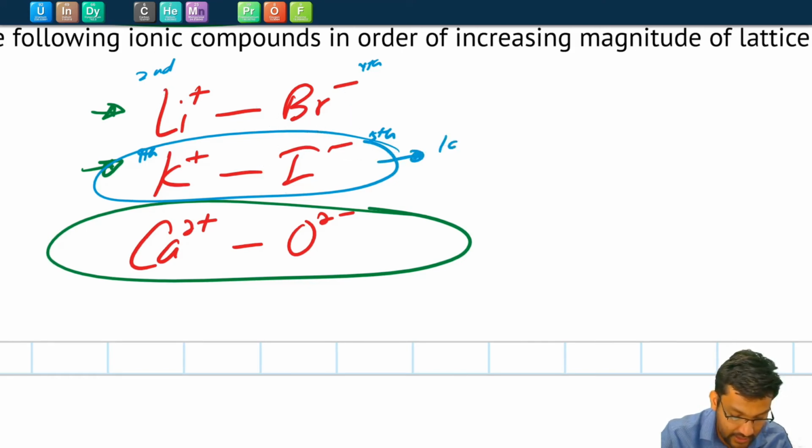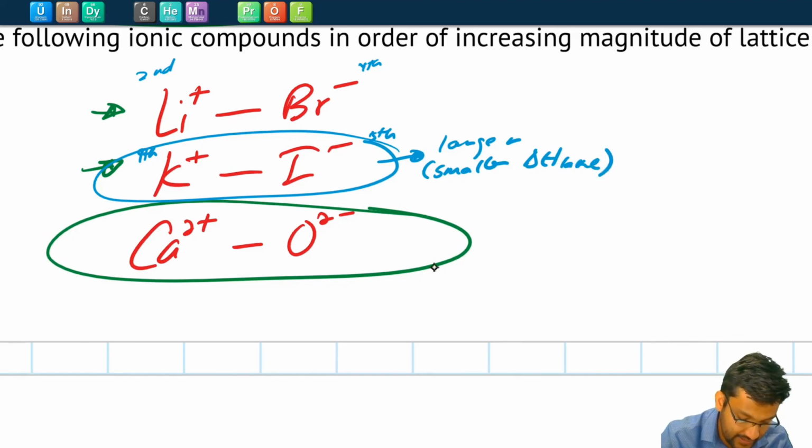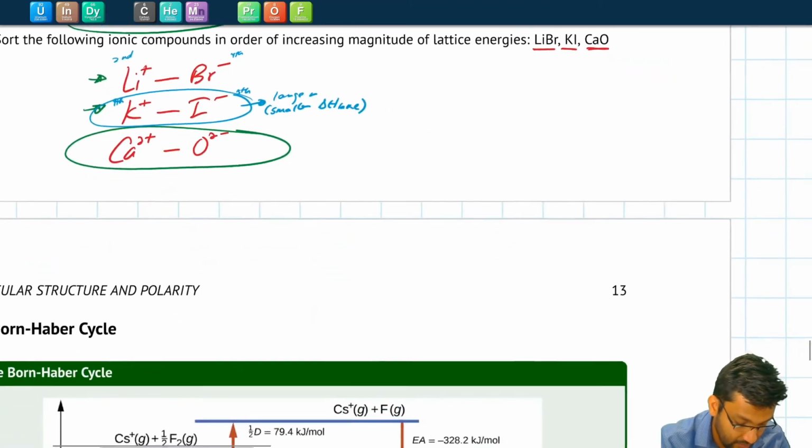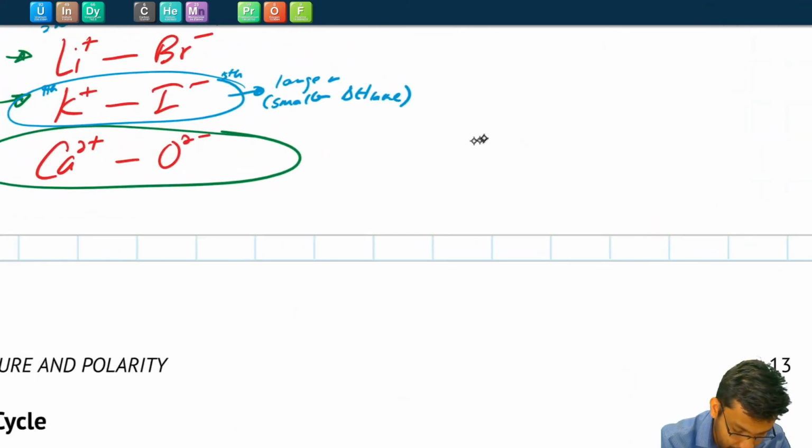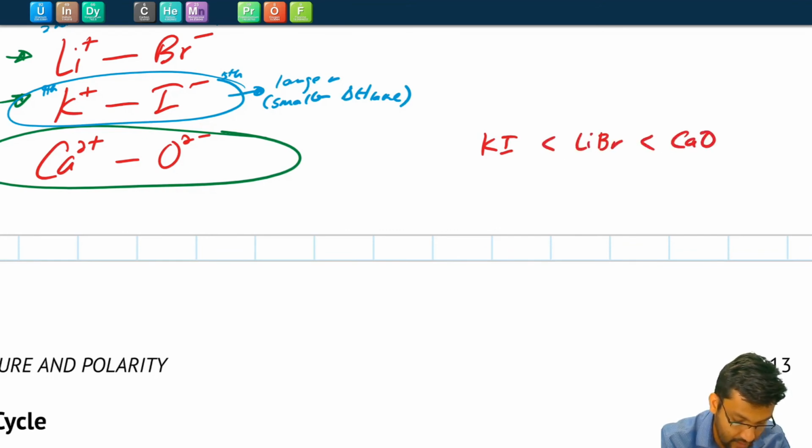So this would be larger R in general, which means smaller lattice enthalpy. So this is the smallest, this is the largest, which means lithium bromide should be in the middle. And so we could write that this way: potassium iodide is smaller than lithium bromide is smaller than calcium oxide.